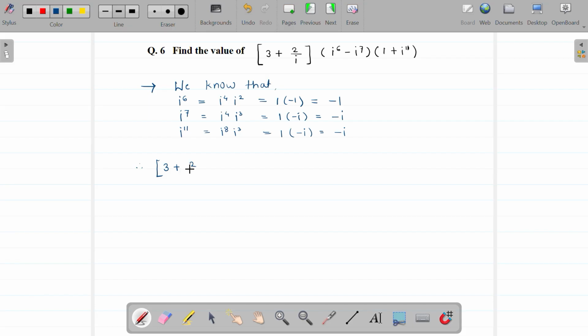(3 + 2/i)(i⁶ - i⁷)(1 + i¹¹) is equal to: first term (3 + 2/i) as it is, i⁶ is -1, minus sign as it is, i⁷ is -i, 1 plus i¹¹ is minus i.